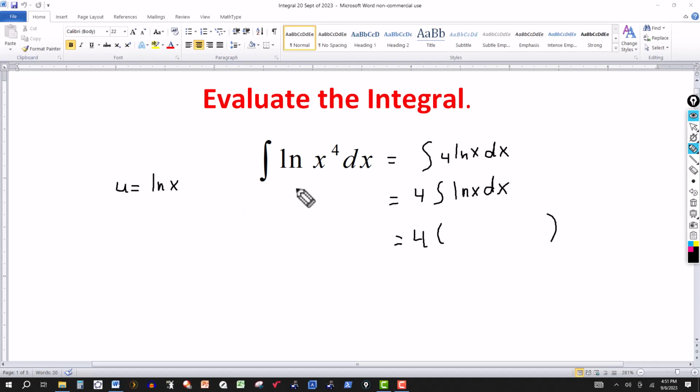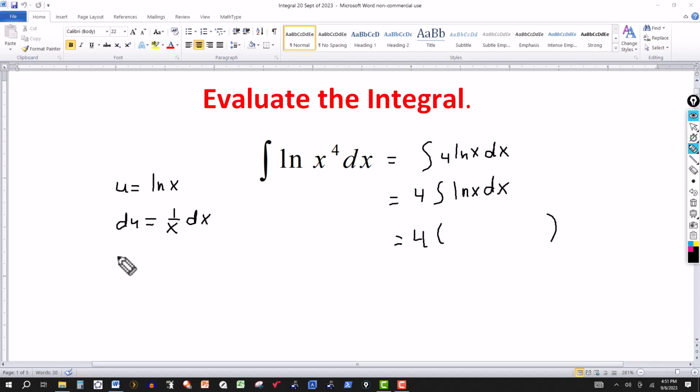So we're breaking it up into parts here, and one part will be ln of x, and then the other one will be 1 dx. And then the derivative here will be du, and on the right side it's 1 over x dx.